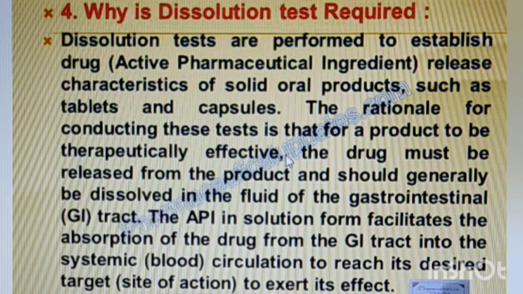Why is the dissolution test required? Dissolution tests are performed to establish the active pharmaceutical ingredient release characteristics of solid oral products such as tablets and capsules. The rationale for conducting these tests is that for a product to be therapeutically effective, the drug must be released from the product and should generally be dissolved in the fluid of the gastrointestinal (GI) tract.